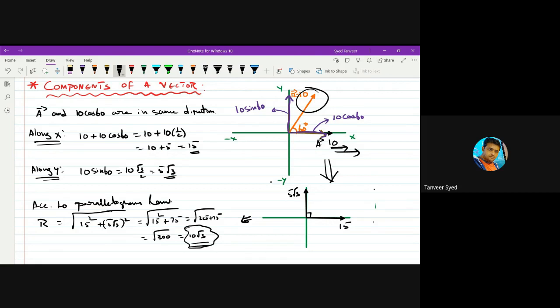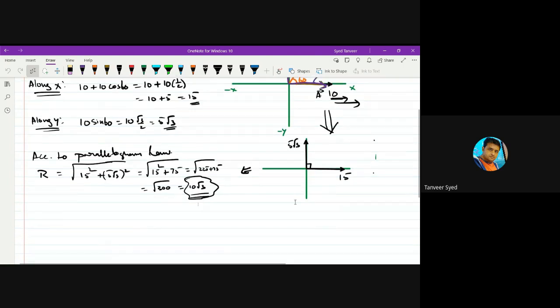Then your situation will be simplified. So the best way to handle vectors is to see that all your vectors are either along horizontal or vertical. Then you can add or subtract or find the resultant easily by applying parallelogram law, root of p square plus q square. This is one thing.